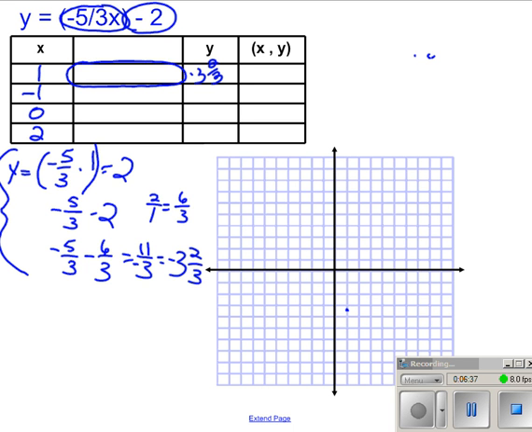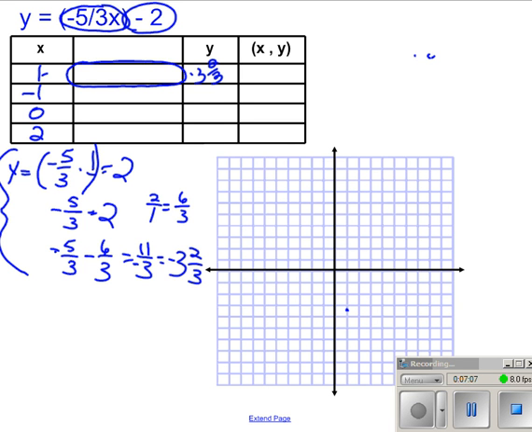So here, I'm using my variable 1, and I have negative 5/3 times 1, negative 5/3 minus 2 then, because anything times 1 is itself. I converted 2 into 6/3, so I have thirds as my denominator. Negative 5/3 plus negative 6/3 equals negative 11/3. And when I put that into a mixed number, I have negative 3 2/3. So I found negative 3 2/3.